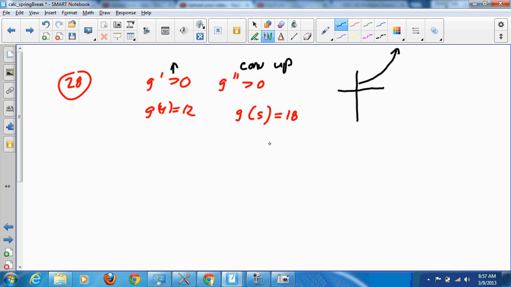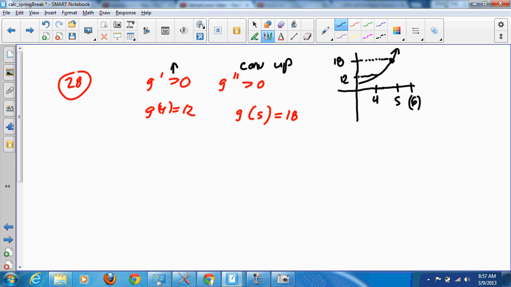So they gave us a couple of points here. They told us that at 4 it was equal to 12, and they told us that at 5 it was equal to 18. That's that value right there, and they're asking us, what could the possible value be at 6?